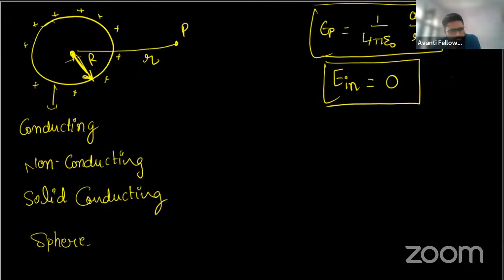Now the question for you is that at r equals 5R, what is the field?